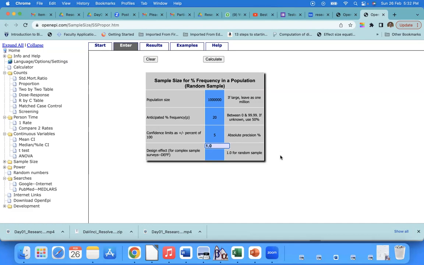And another thing, if you are not sure about complete data being available, you may have some missing data. In that case also you can add more design effect. Okay, understood.